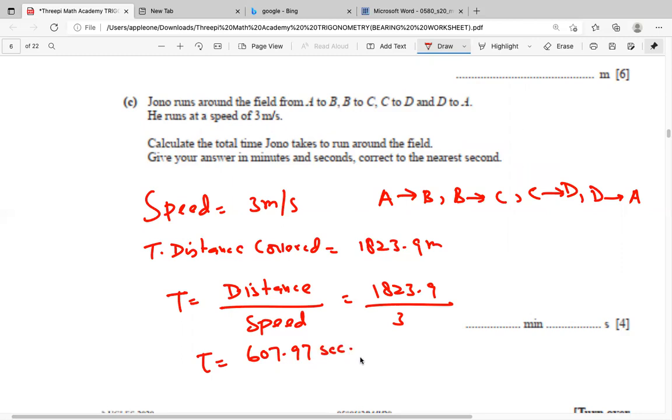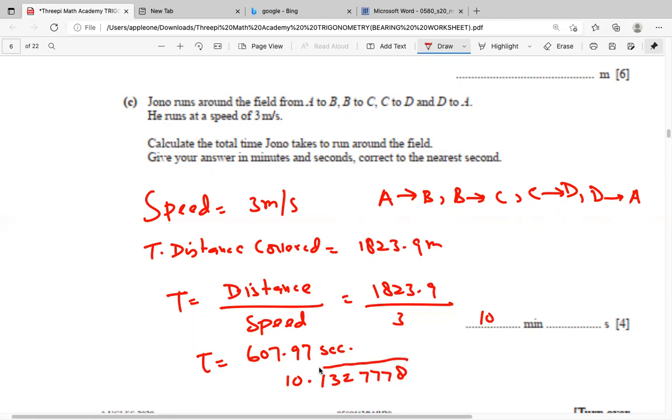They say give the answer in minutes and seconds, correct to the nearest second. So we divide this by 60 to convert into minutes. So we got 10.13277778. So 10 minutes.